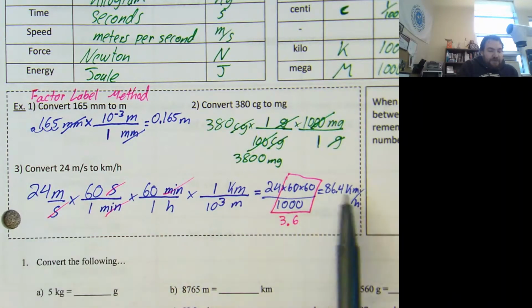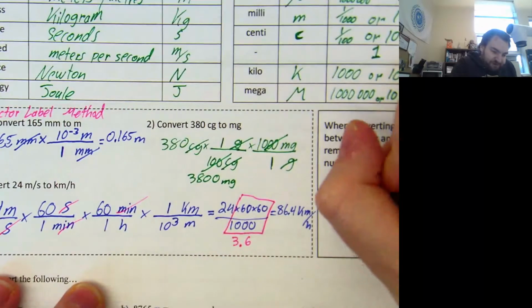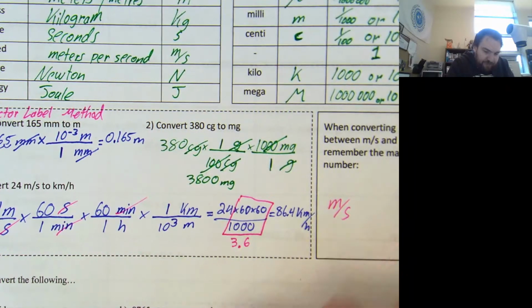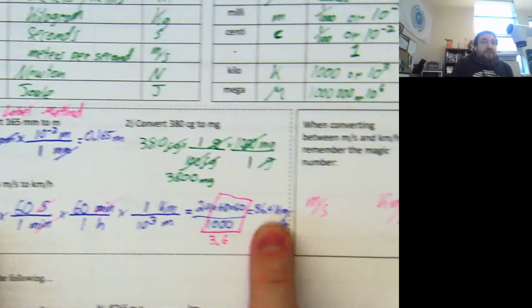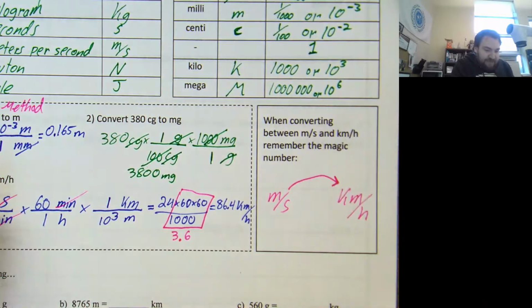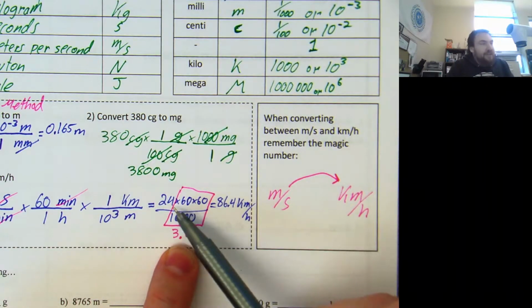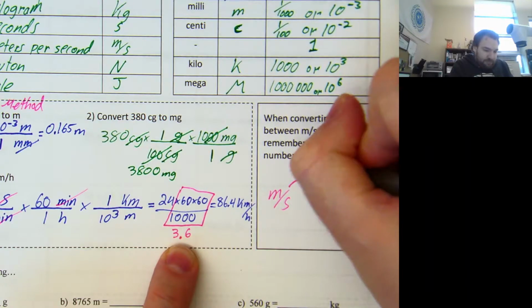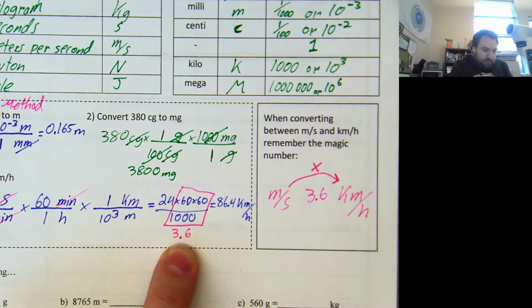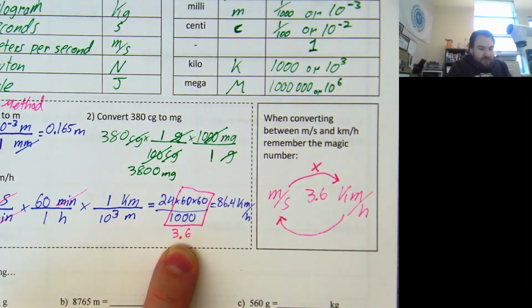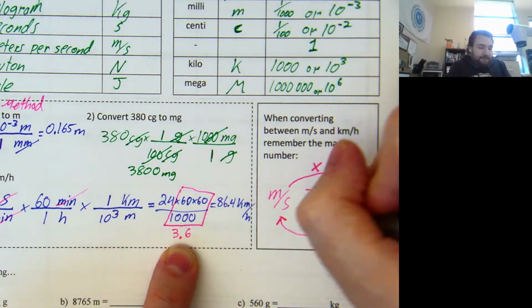To go from meters per second to kilometers per hour, I'm going to draw out this cool little chart. To go from meters per second to kilometers per hour, which is what we did, effectively, what happened here is we multiplied by 3.6. So if I want to go the other way, I'm going to have to divide.